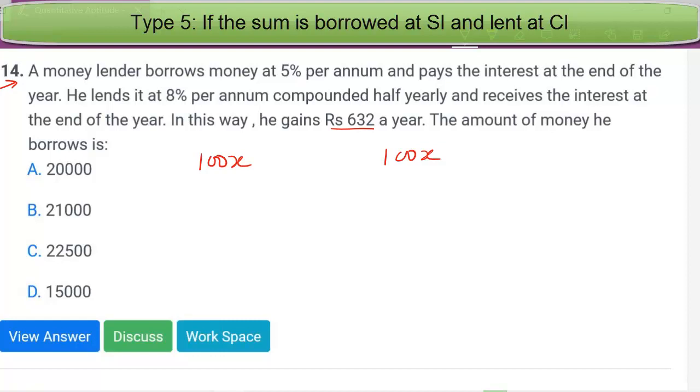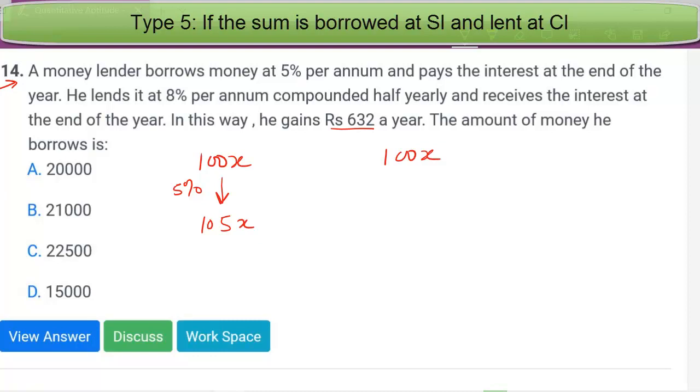When he is borrowing at 5% per annum, this interest he has to pay. So basically he has to pay 105x, that means 5x simple interest. Okay, so for the money which he lends, which is also 100x, he lends it at 8% per annum compounded half yearly.